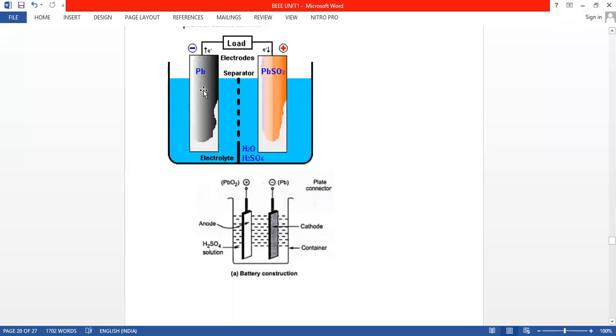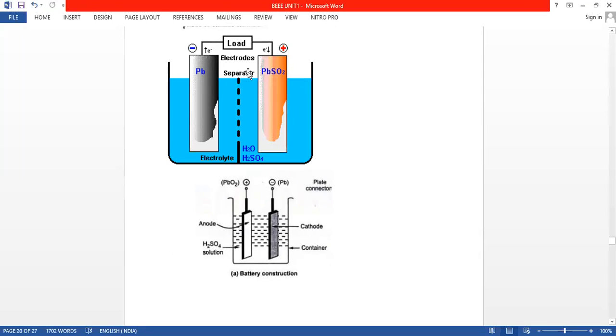A cell contains a positive electrode, a negative electrode and an electrolyte solution. When these two electrodes are placed inside the electrolyte solution, there will be an interaction between the electrolyte solution and the electrodes. Due to that interaction, electricity is generated, and that electricity turns on the bulb.